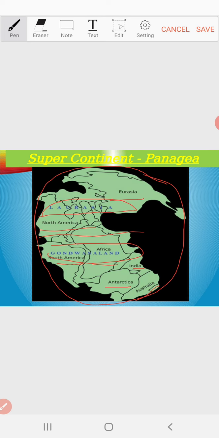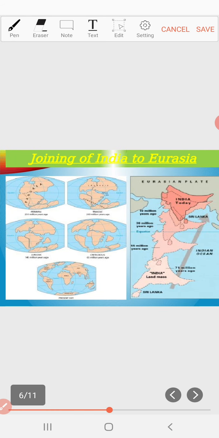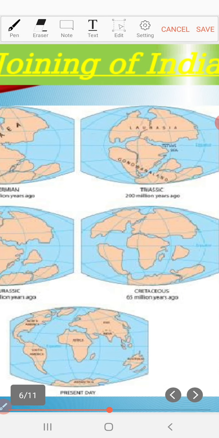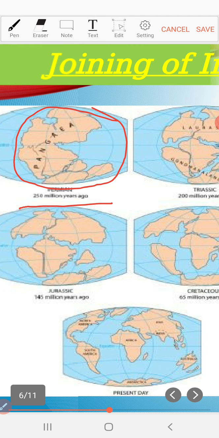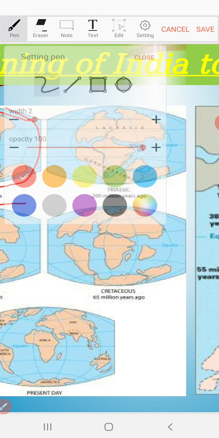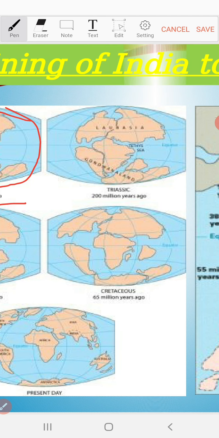Now, let us look into the stages of the splitting of Pangaea. This is the first part, nearly 250 million years ago. This was the scenario of the entire supercontinent Pangaea. Now 200 million years ago, the force started activating, and what is the resultant?